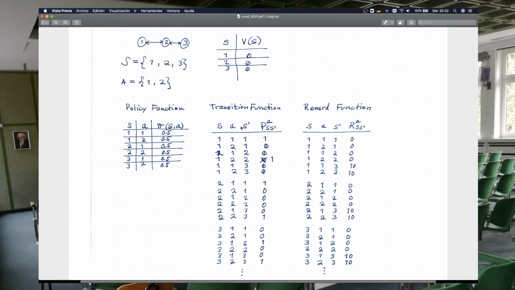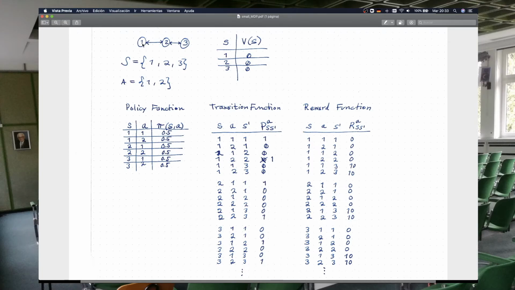In this case I have built only the first 18 entries. Here it is very important to understand how this table works. If you are in state 1 and you go left, the probability that you will stay in state 1 is 1.